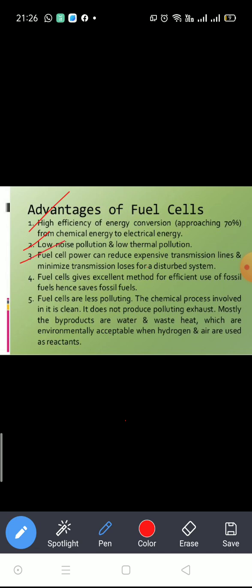Third point. Fourth point is fuel cells give an excellent method for efficient use of fossil fuel. Hence, it saves fossil fuel. Fifth point, fuel cell is less polluting.